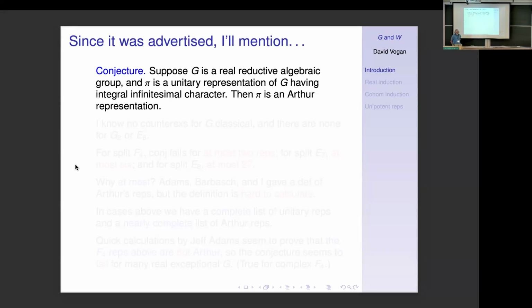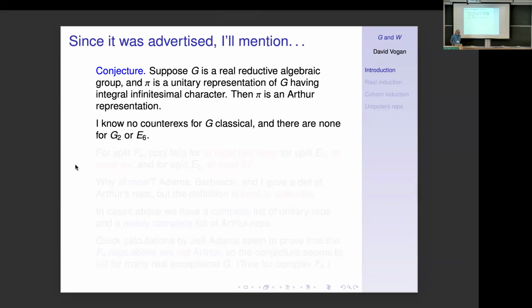Anyway, here's a very precise conjecture. If G is a real reductive algebraic group and pi is a unitary representation having integral infinitesimal character, then pi is an Arthur representation.